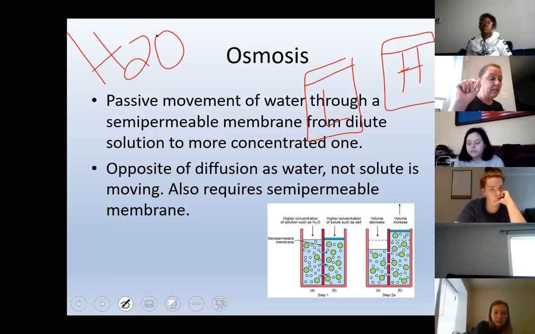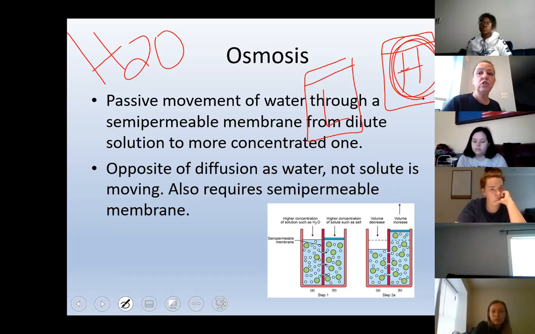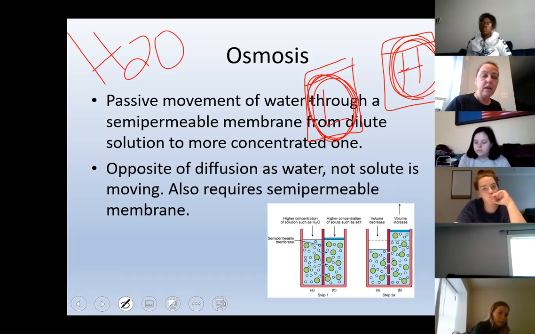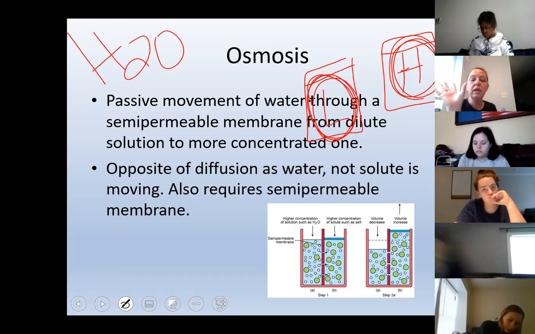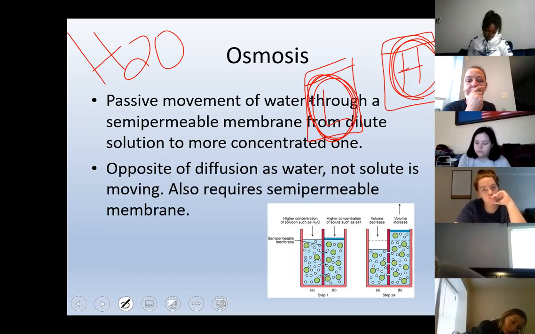This is not diffusion. If I have super concentrated and super not concentrated, but I want these two things to be the same, how is my water going to move to make these two things the same concentration?